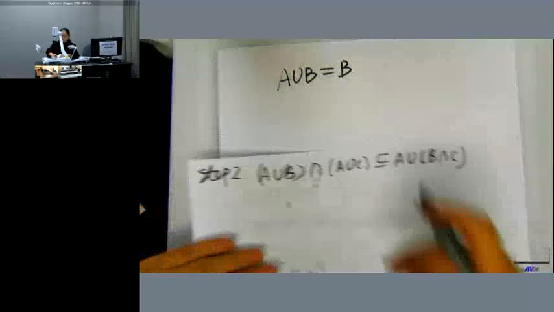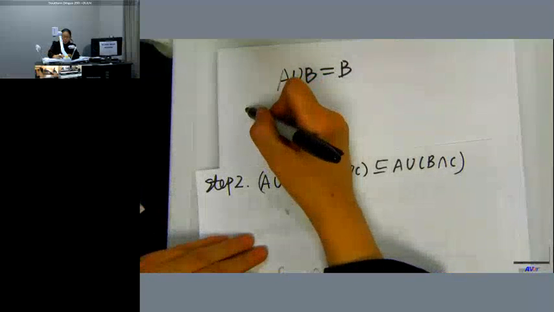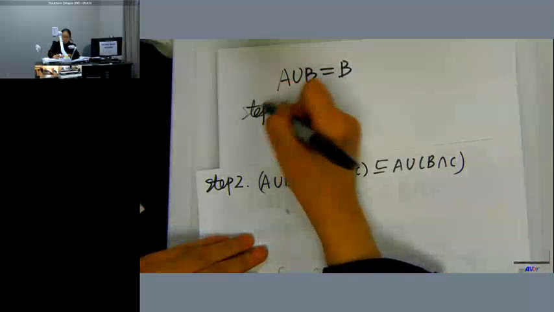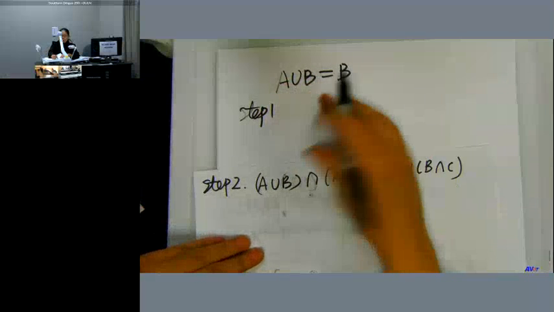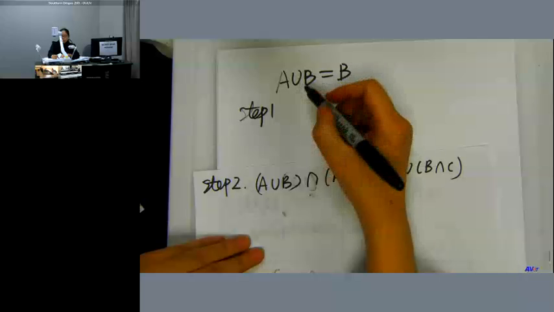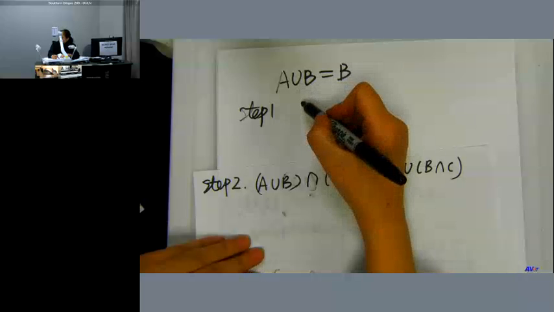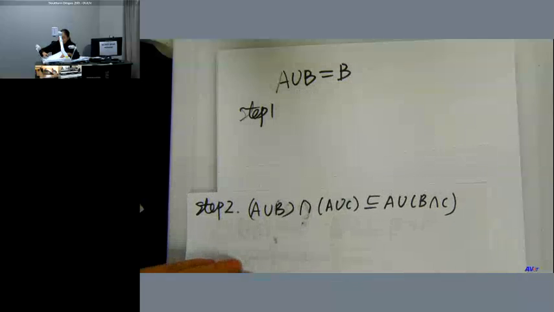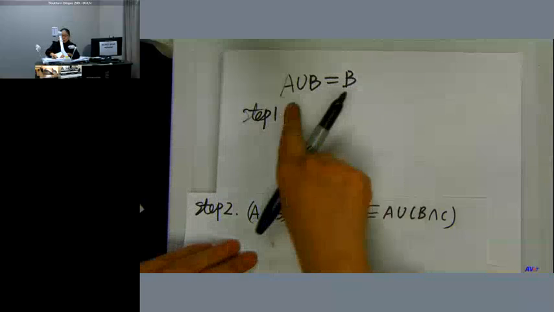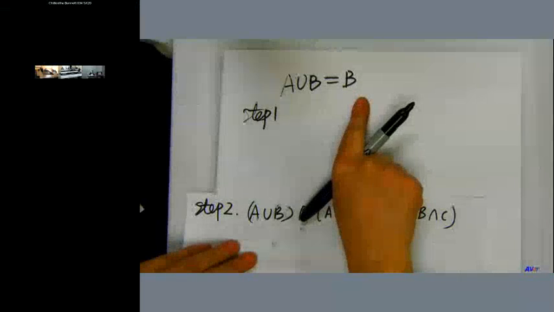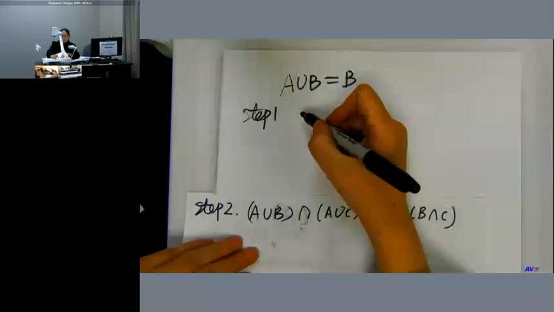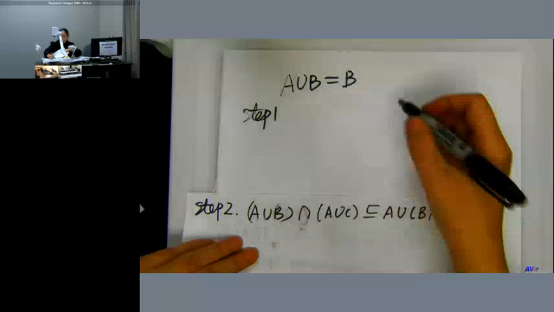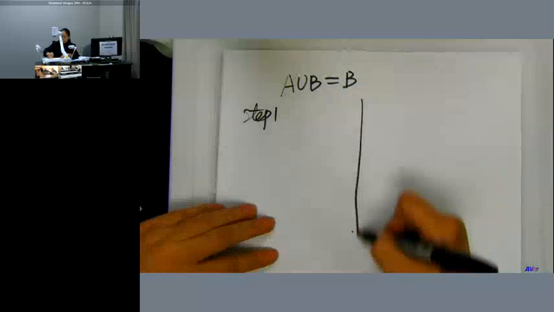Okay, so which means step 1 we have to show what? How do we show two sets are equal? They're subsets of each other, so there are two steps that you've got to do. Which two steps?